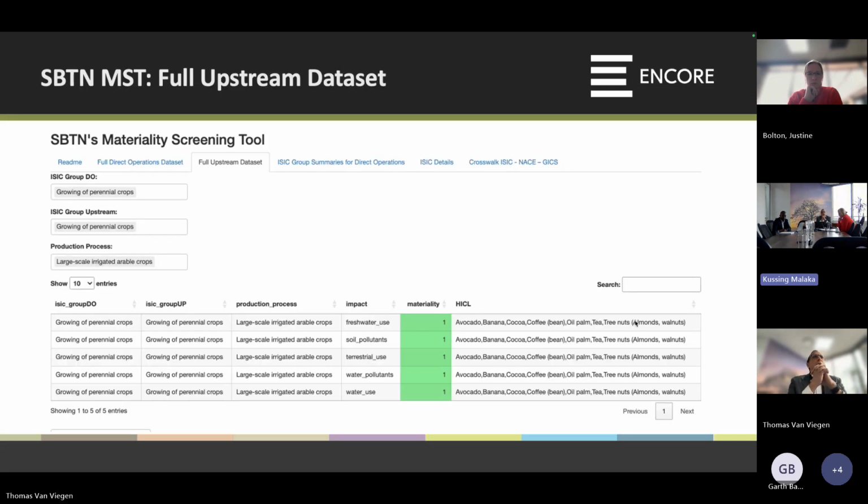The second tab looks at your full upstream data set. Very similar process. You select your ISIC group, look at your production process, and then it brings that up with your HICL in a lot more detail in terms of the specific types of large-scale irrigated crops that those types of activities would involve, and the type of ecosystem services that they would be dependent on, and obviously impact on: freshwater use again, soil pollutants, terrestrial use, the same list as what we've had previously.